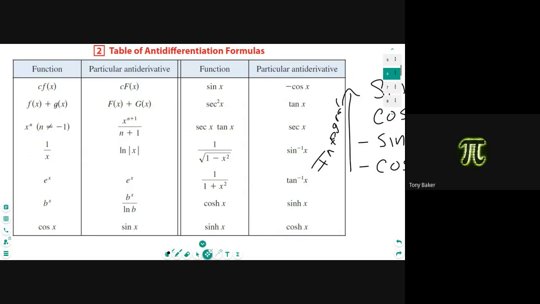Remember we had secant of x is secant tangent. So secant tangent is secant of x. The hyperbolic ones we're probably not going to see very often, so you don't really need to know those two. These you do need to know, though. These do come up quite often. So I would definitely have those written down.